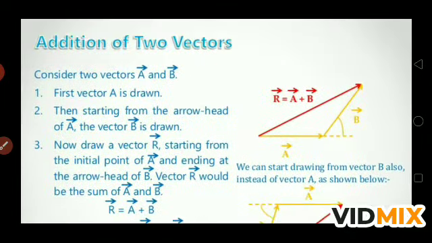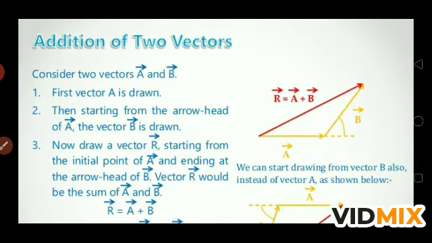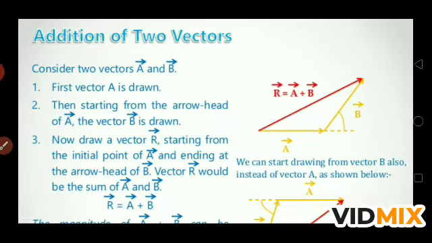Now addition of vector. Addition of two vectors we had understood in the previous video also, but here again you can revise. Suppose two vectors are there, a and b, and we have to add them. First you draw the vector a. We have drawn the vector a and vector b, which is at some angle. So the tail of the vector b is on the head of the vector a.